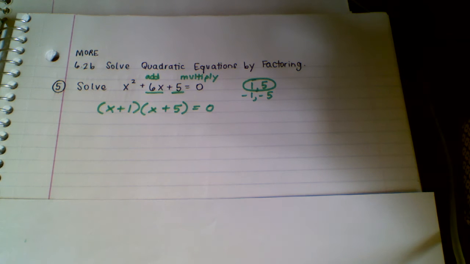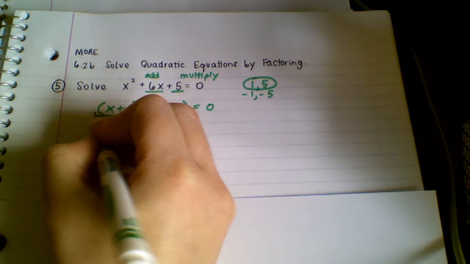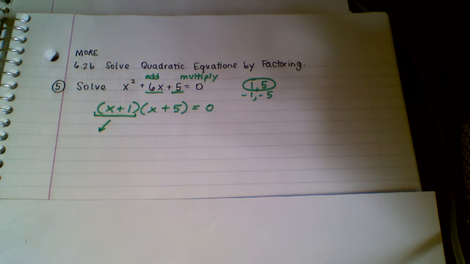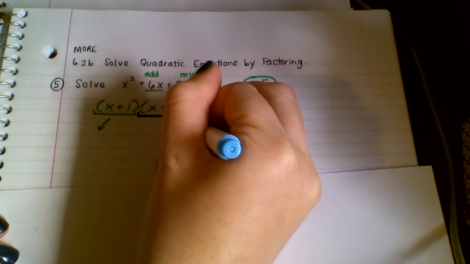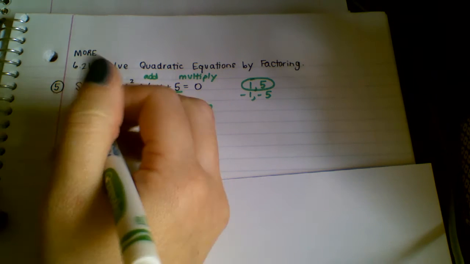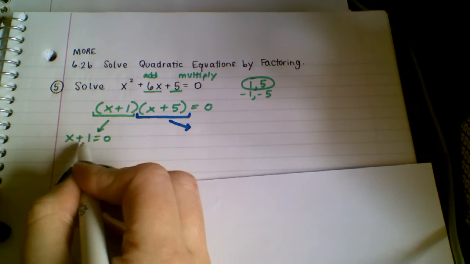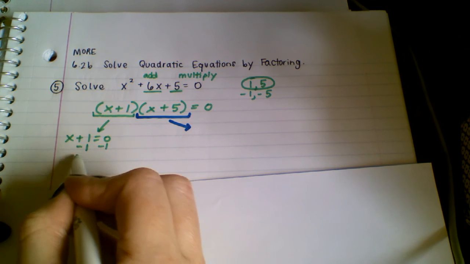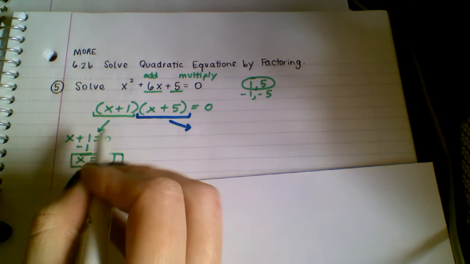Now that we're in factored form, remember, we use the zero product property. So we set each product, each expression equal to 0 separately to find our 2 separate solutions. So the first would be x plus 1 equals 0. Subtract 1 from both sides, and we get x equals -1. Done with our first solution.